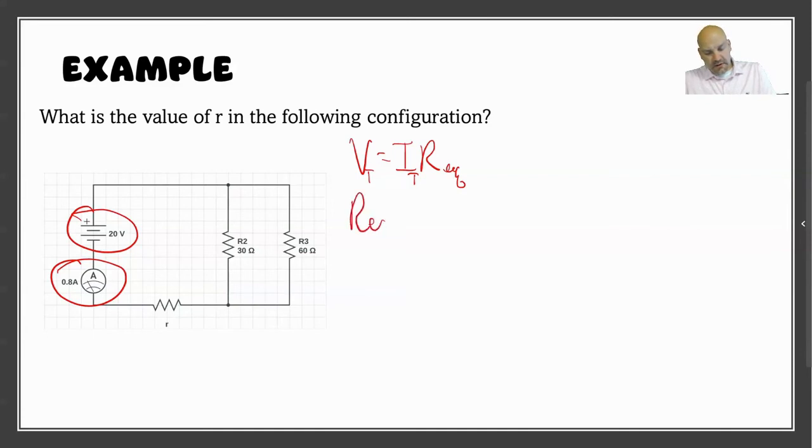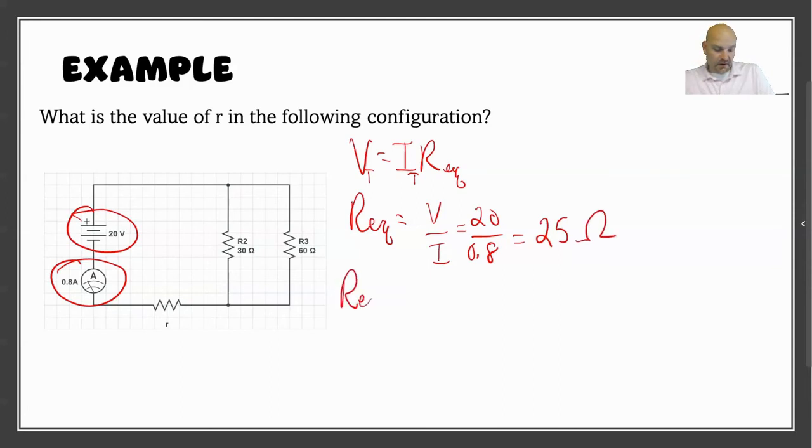And so I'm going to say REQ equals V over I, and so it's going to be 20 over 0.8. And so this tells me that my equivalent resistance is going to be whatever 20 divided by 0.8 is. Apparently I didn't write it down. 25. Okay, so it's going to be 25 ohms.